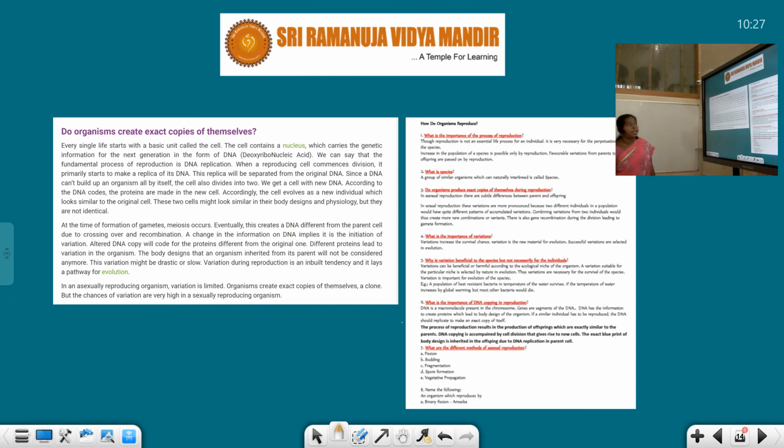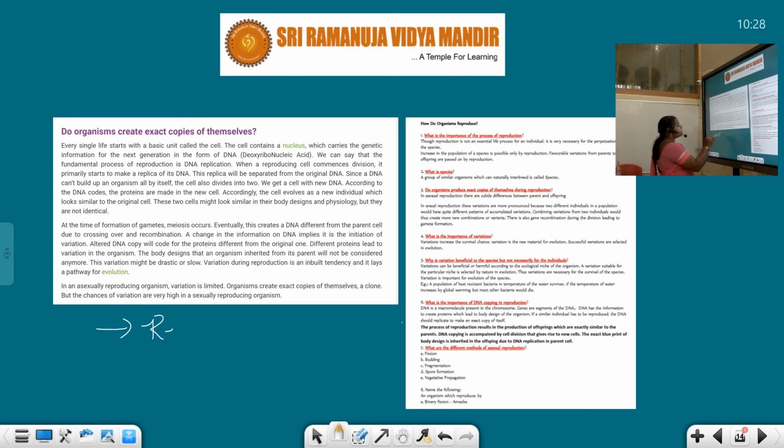Do organisms create exact copies of themselves? Yes, organisms give rise to exact copies of themselves. Every single life starts with the basic unit of the cell. The cell contains the nucleus, which carries the genetic material, which may be DNA or RNA. Some cells may have both DNA and RNA. So we can say that the fundamental process of reproduction is DNA replication.